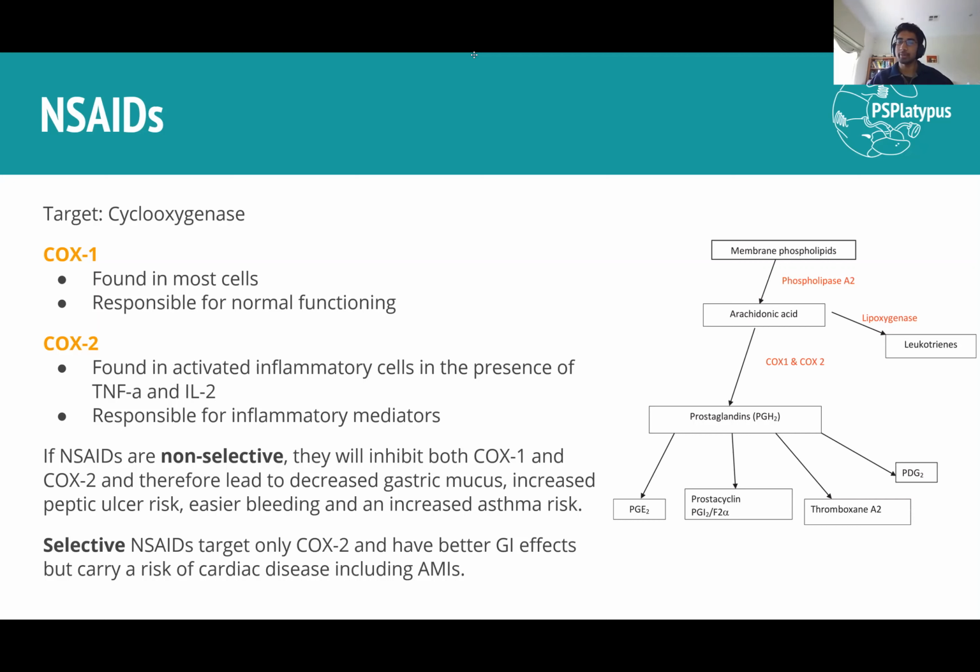So the asthma thing is actually quite interesting because it's a good example of how we can think about these biochemical pathways. The reason that COX-1 and COX-2 non-selective inhibitors lead to increased asthma risk is because they block the conversion of arachidonic acid to prostaglandins, okay? What that means is the body will continue to produce arachidonic acid, but it can't be turned into prostaglandins, which means we'll eventually have an excess of arachidonic acid.